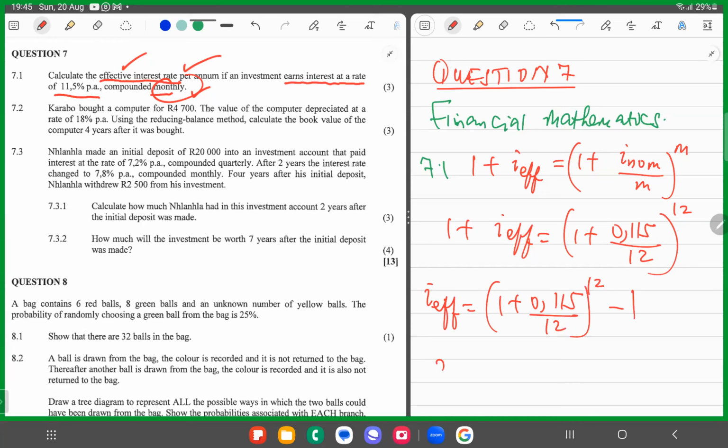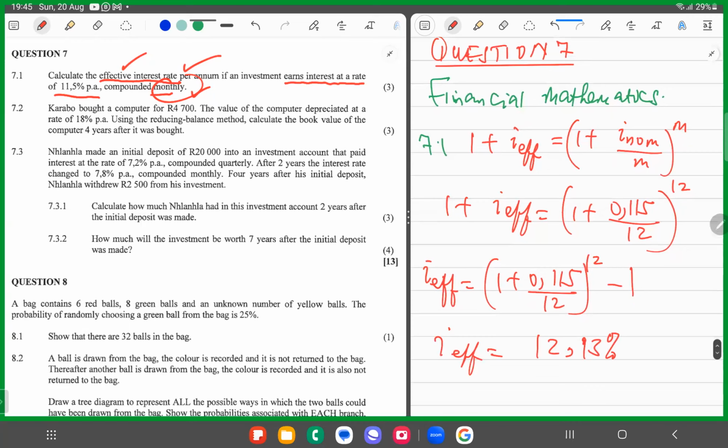Subtract 1, which means I effective is... okay, so what is the effective interest rate? It is 12.13%.